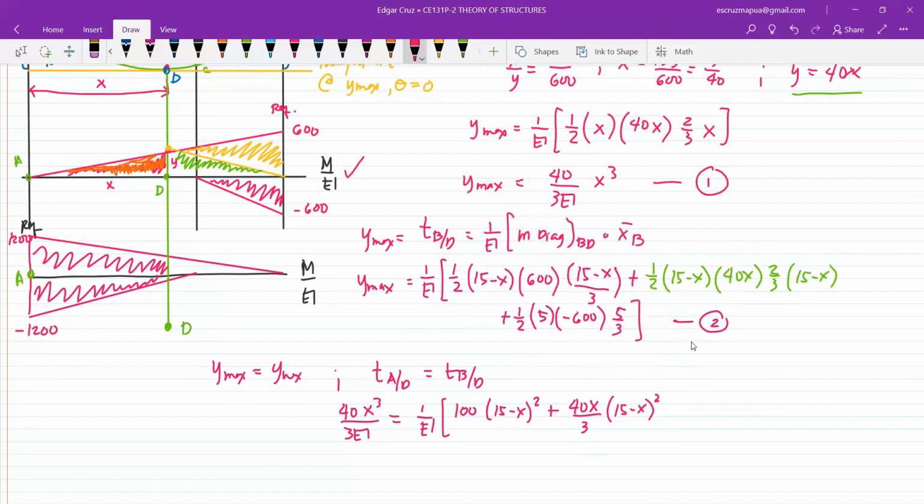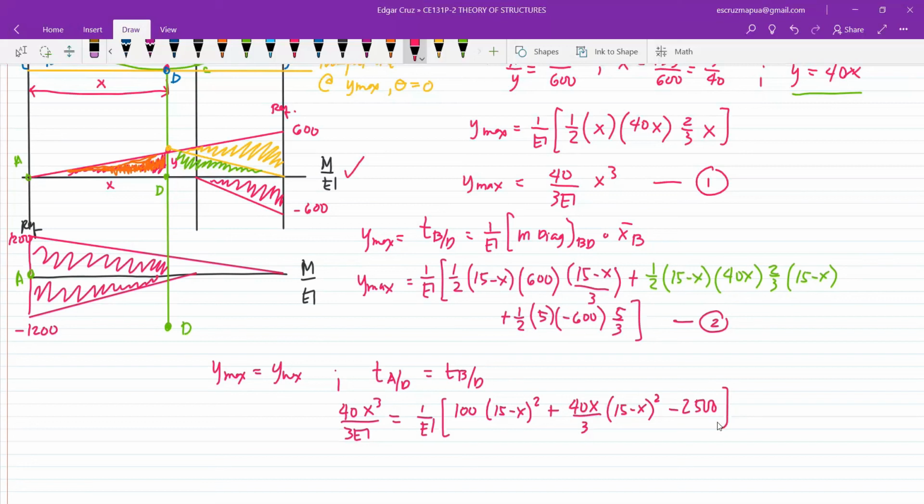Then for the third term, minus the constant, 5 over 2 times 600 times 5 over 3, so 25 minus 25.